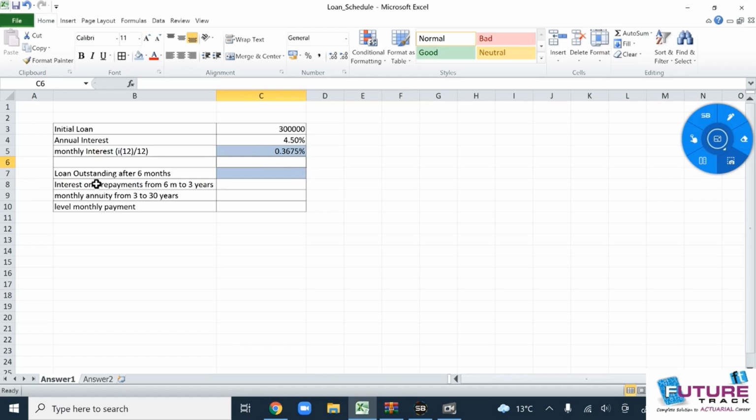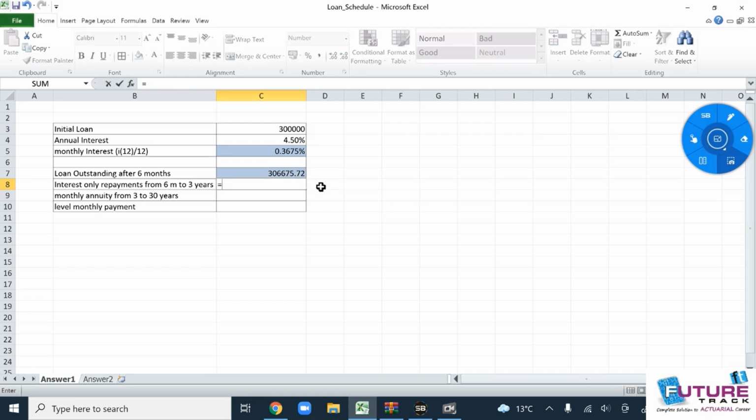So class, what is my loan outstanding after 6 months? This is 3 lakh into 1 plus i raised to power 1 by 2, or 0.5 you can write. So class, this is the loan outstanding we have after 6 months. Interest only repayment from 6 months to 3 years.